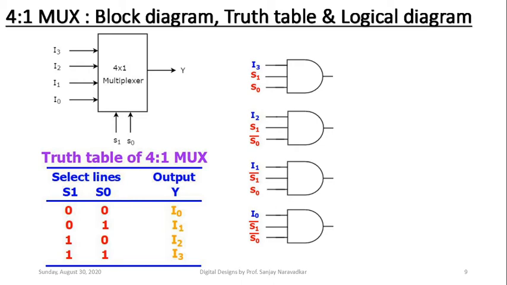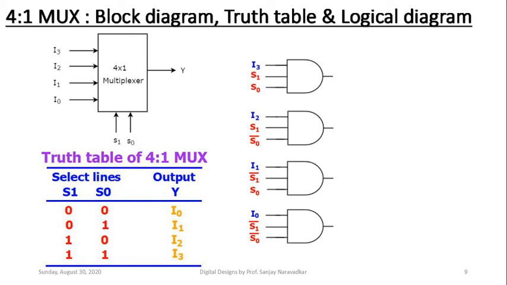And then this multiplexer block diagram clearly shows that there is a single output Y. It means that on the right side in the logical diagram which we are going to develop, there are 4 output lines which we need to merge together. And merging of multiple outputs together is possible by using one OR gate. So here is that corresponding OR gate.